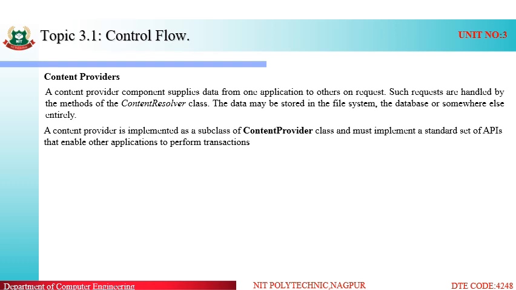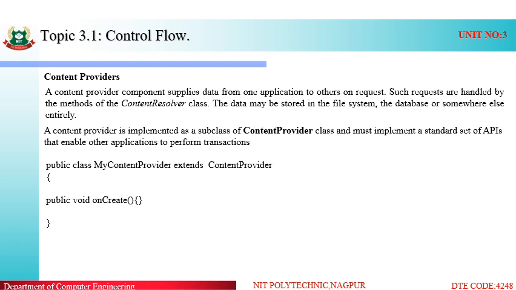This is provided by the content provider, that is, all the data related manipulations, operations and activities are handled by the content provider class. So the syntax is public class MyContentProvider extends ContentProvider. ContentProvider is the main class and MyContentProvider is the content provider for the current activity. It contains a method onCreate.